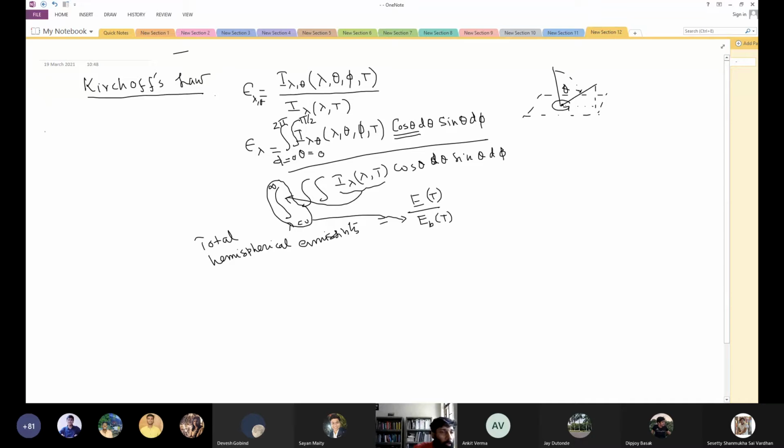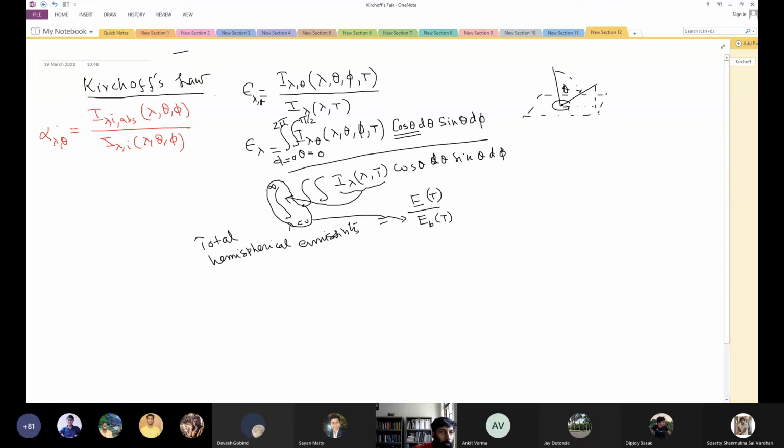So we can define alpha lambda theta phi as I lambda absorbed, the part of the incident which is absorbed, divided by I lambda incident, all functions of lambda theta phi.